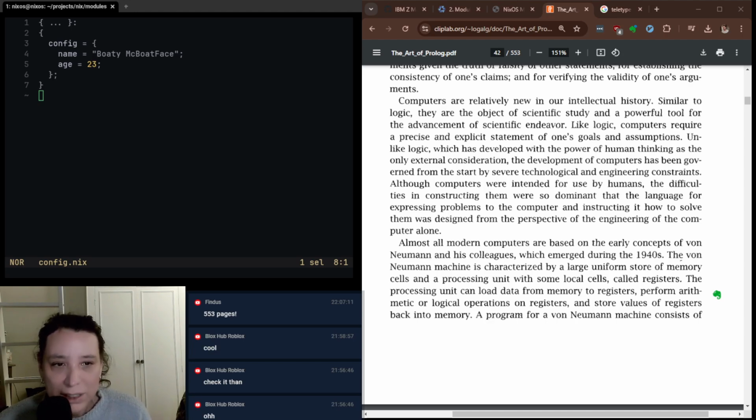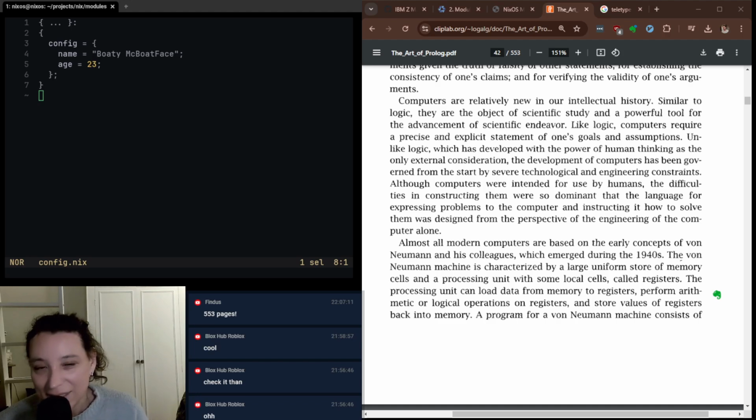The von Neumann machine is characterized by a large uniform store of memory cells and a processing unit, with some local cells called registers. The processing unit can load data from memory to registers, perform arithmetic or logical operations on registers, and store values of registers back into memory.